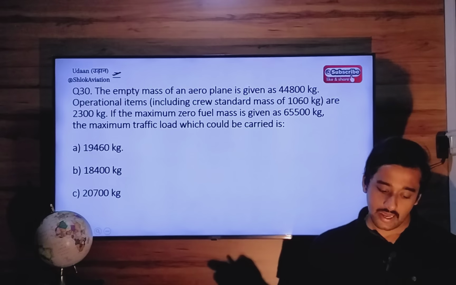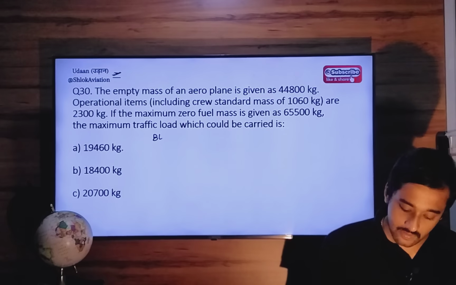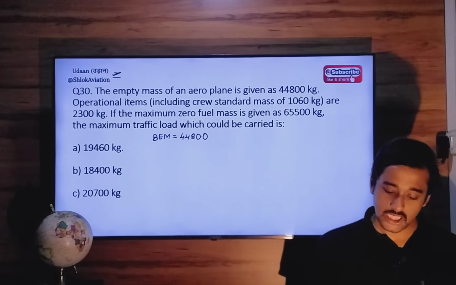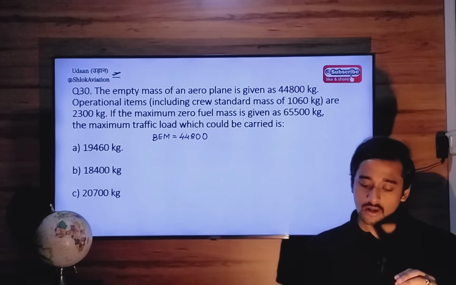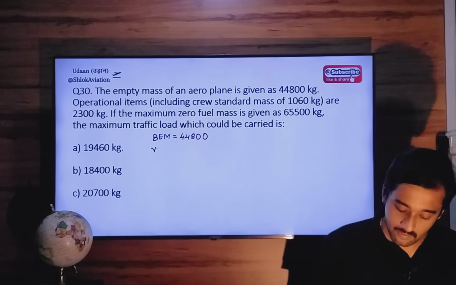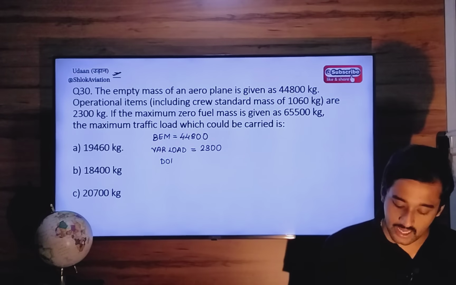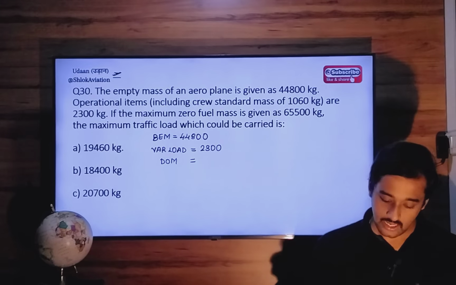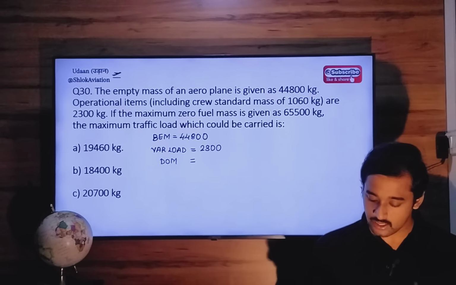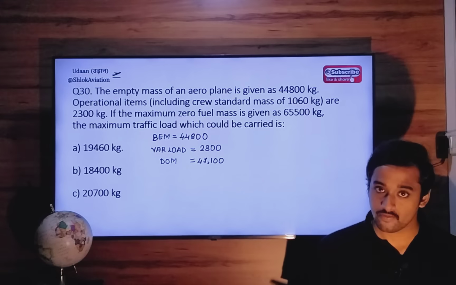Question 30. The empty mass of an aeroplane, meaning basic empty mass, is 44,800. Operational items including crew are 1060, and variable load is 2300 kg. Now when you add variable load to basic empty mass, you get 44,800 plus 2,300, which is 47,100.